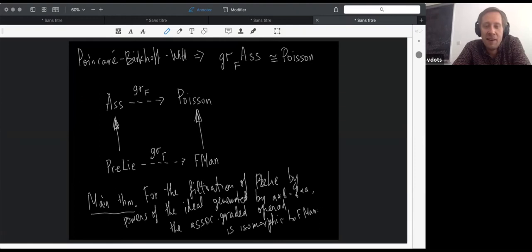As far as I am concerned, this result, even though I presented it to you pretending that it shouldn't be surprising, because, you know, PreLie relaxes associativity, F-manifolds relax the Poisson identity, so why not, is a rather surprising result, because geometrically a reasonable counterpart of this story still does not fully exist.